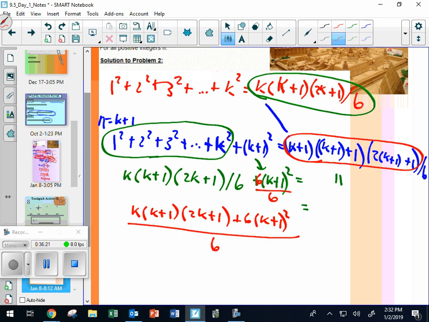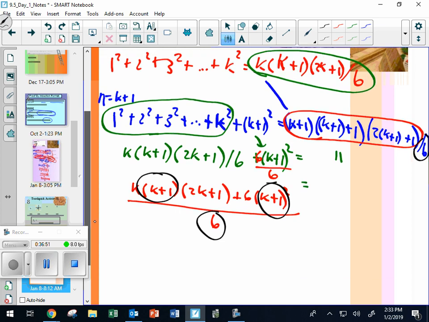Now, would you agree that right this second, I already have the divided by 6 that I need, and I already have a k plus 1 that I need. But what haven't I done that I mentioned I would always need to do? It's my favorite strategy of them all. If you can factor it, you should. Do you get out a k plus 1 in both parts? Then that k plus 1 can be factored out.